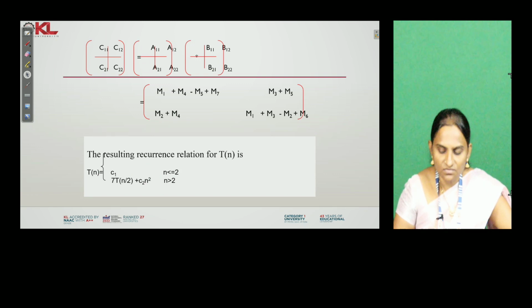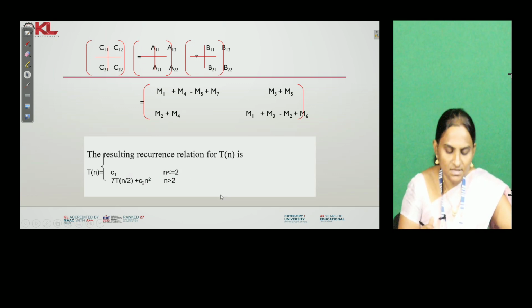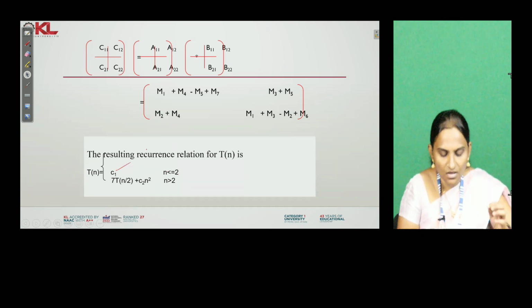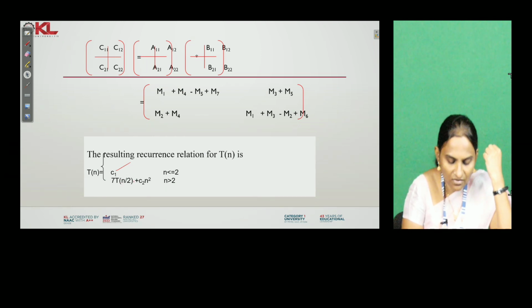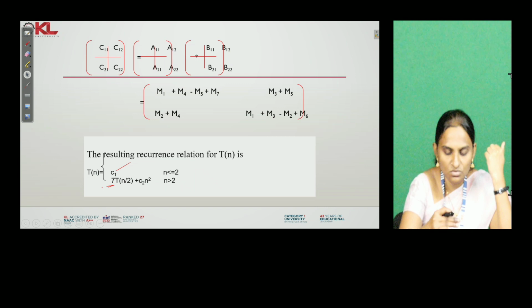Using these formulas, the resulting recurrence relation is T(n) = T1 for n less than or equal to C1. Earlier I said the recurrence relation for divide and conquer is 8 T(n/2) + C n squared. Here it is only 7, because he has reduced the multiplication operators to 7.